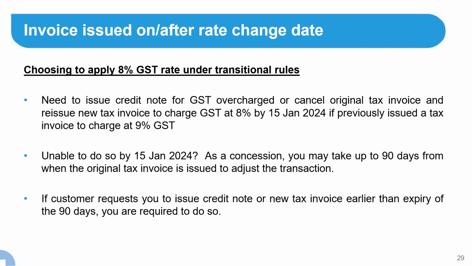If you are unable to make the adjustments by 15 January 2024, you are given up to 90 days from when the original tax invoice is issued to adjust the transaction.